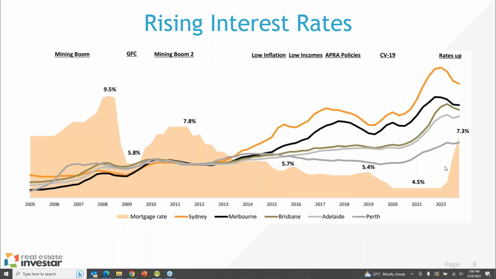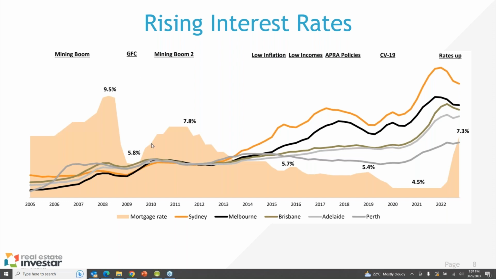As you can see there's a graph on the screen. The figure in the solid orange bar is the mortgage interest rates, which again have obviously been historically low. But what we're seeing in the graph lines is the property market. Even when we've had periods of much higher interest rates, and lots of challenges to the economy, mining booms, the GFC really restricted the market.